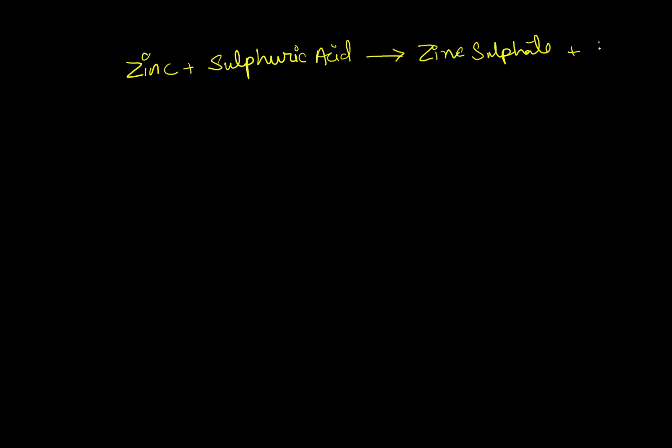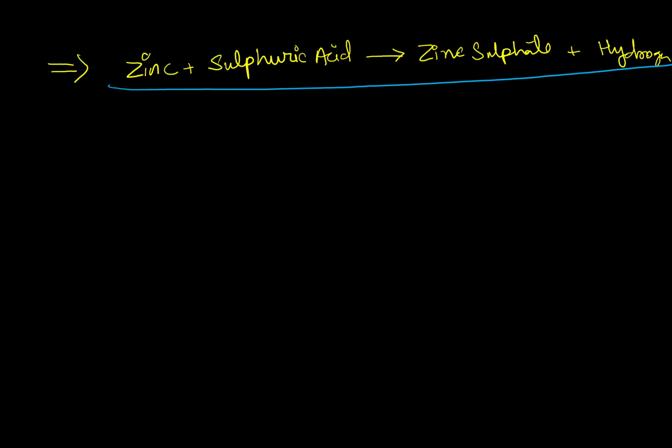So now if I say that there is zinc and sulfuric acid, and then we are getting zinc sulfate and hydrogen. Now this is the equation which we want to write in symbols because this is too long, right?